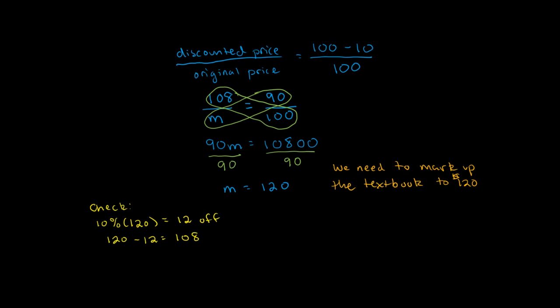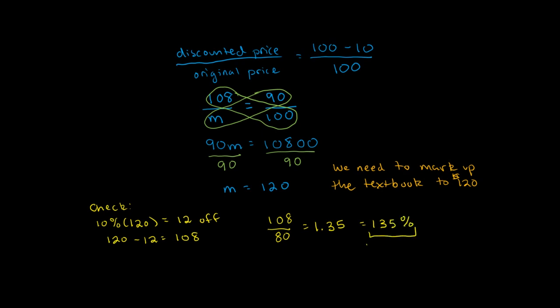Now we want to make sure that's a 35% profit over the $80. One way you can check that is if you do 108 divided by that $80, we should get 1.35, which, if you convert that to a percent, is 135%.